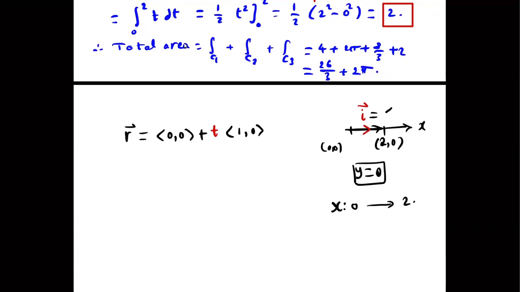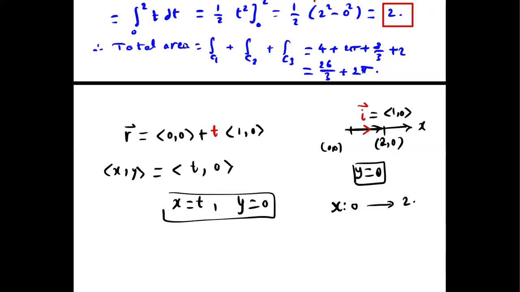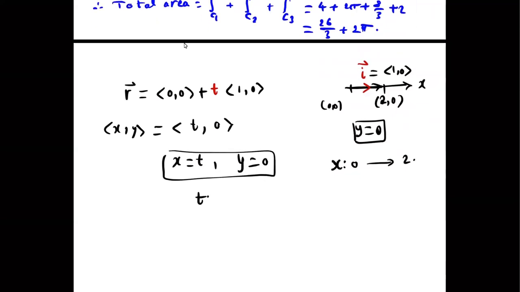This means xy equals 0, 0 plus, we can add them directly. So it's t, here we get 0. Therefore, x equals t and y equals 0. This is the parametric form, and t varies from the smallest value of t is 0, the biggest value of t is 2.